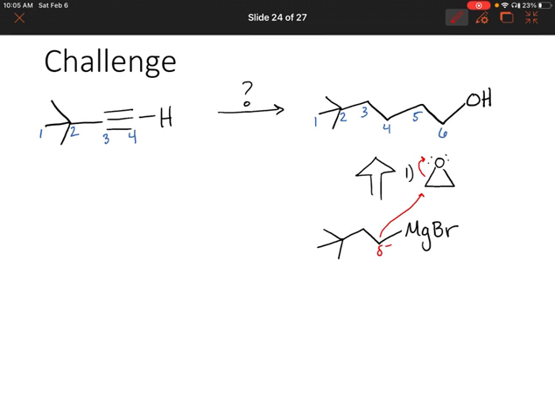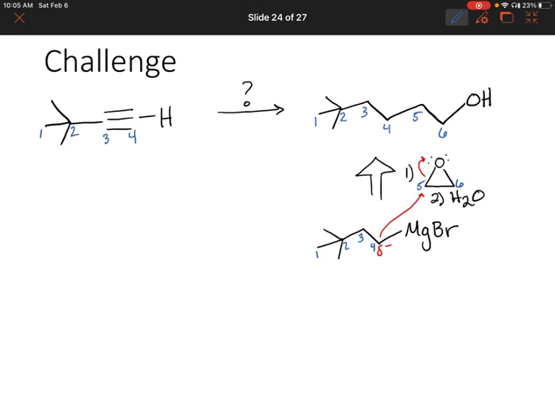But then we have to protonate that oxygen, so in step 2, we'll add some water to protonate it. Okay, so that will give us our 6 carbon chain. So we have 1, 2, 3, 4, 5, and 6. Again, this was a really challenging step to figure out, so don't feel bad if you didn't figure that out right away.